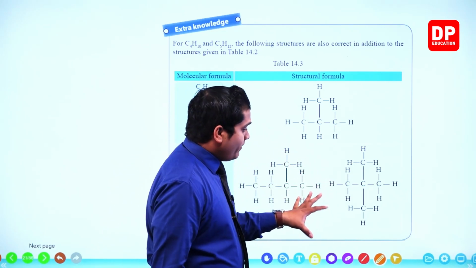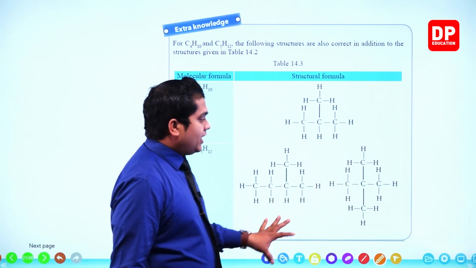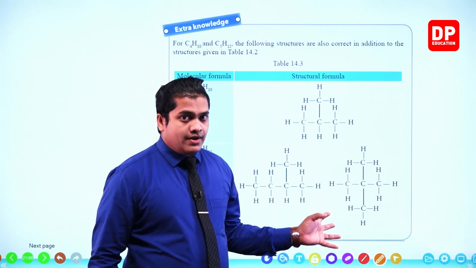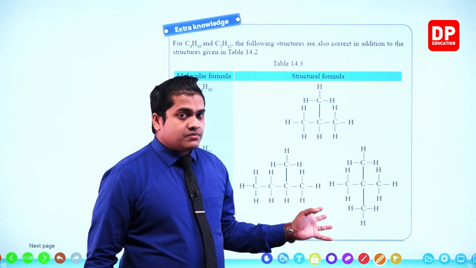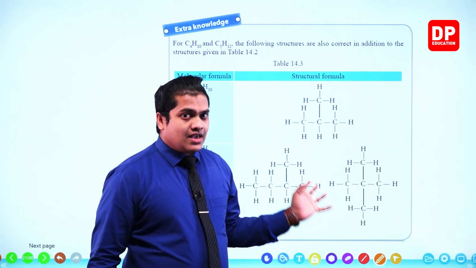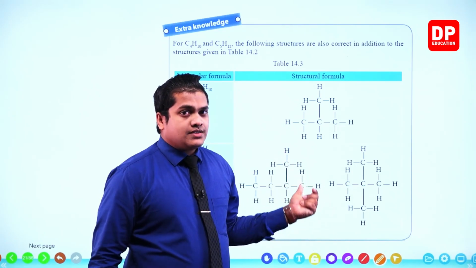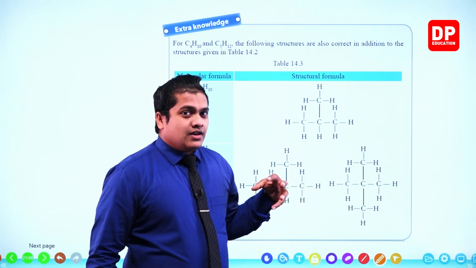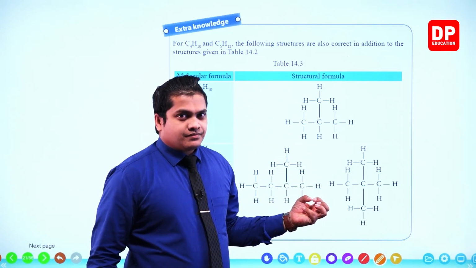However, if you check the count of the hydrogen atoms, it is the same as before, because all of these are equal structures.